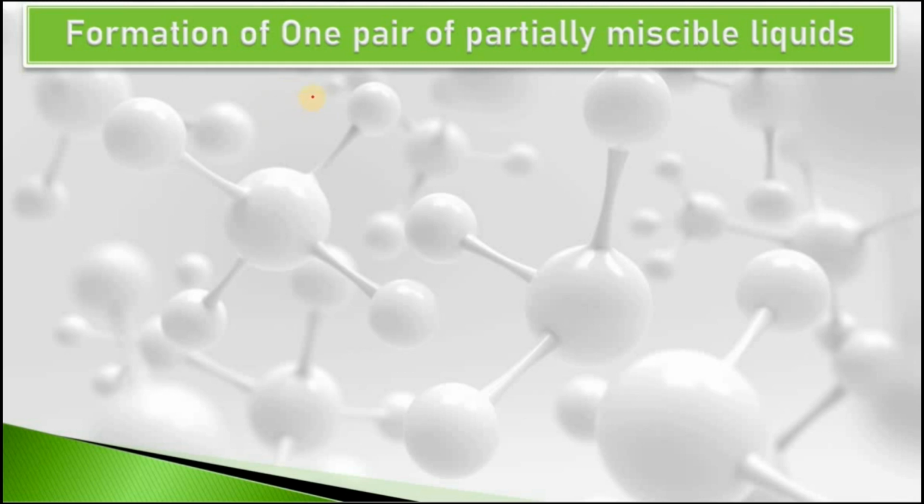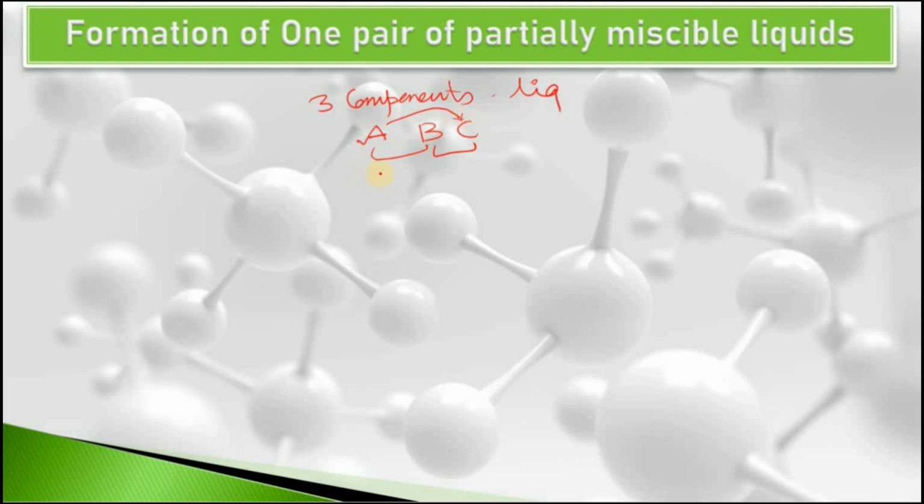Let us understand with the help of one example. Let us say our aim is to make a three-component system where all three components are liquids, and we take three liquids A, B, and C. We take them in such a way that either A and B, or B and C, or A and C are partially miscible, whereas the third one is separately miscible in both.